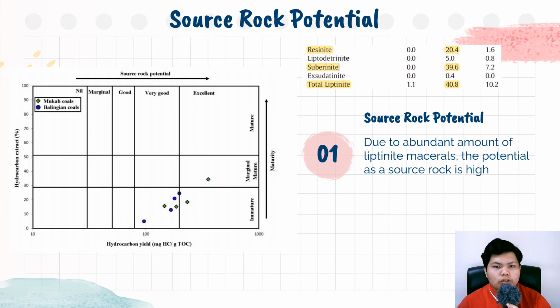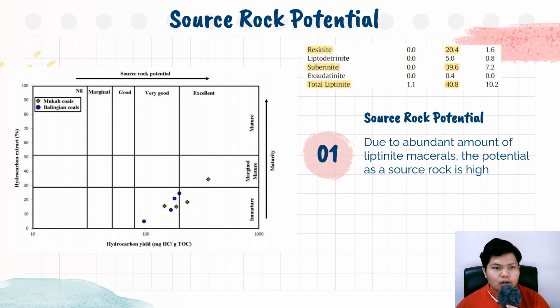Besides coal rank and thermal maturity, we can also indicate the source rock potential. Source rock potential can be indicated by liptinite macerals. Liptinite macerals are macerals that have waxy properties. When there is a high level of liptinite, the source rock potential of the coal that we have studied is also high.